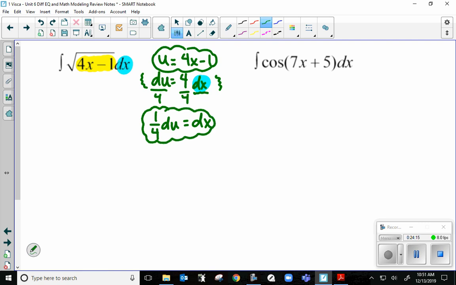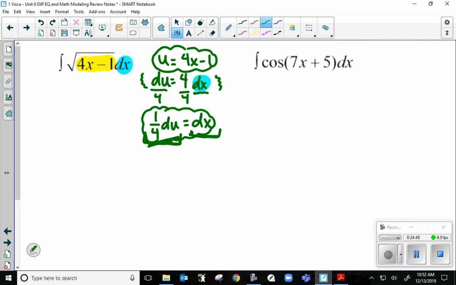When you substitute in, I can put a number in with a du, but I can't put a variable. When I get dx alone, it should equal something that doesn't have a variable, or that will leave a variable in my equation. Does that make sense? This should not have a variable in it. Everything should be substituted out over here with a variable.